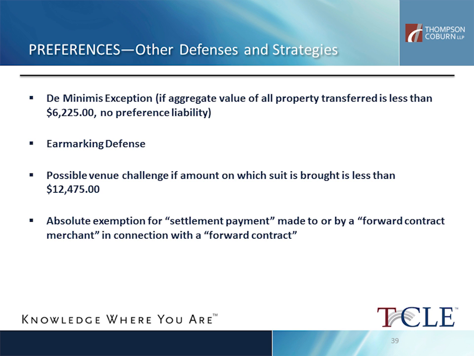So when you're dealing with a commodity and you have agreed to deliver that at some point in the future, and then you in fact deliver it, and then you get paid for that, that transfer from the debtor would be a settlement payment, and there's actually an exemption in the bankruptcy code for those transfers from preference liability, and that's one we've certainly had some luck with arguing as well. And that kind of covers the preference defenses.